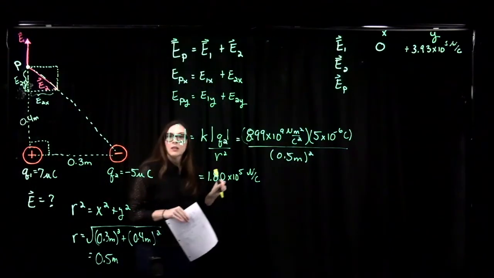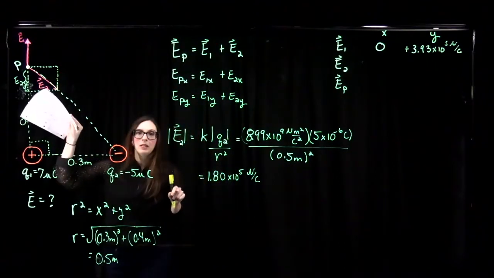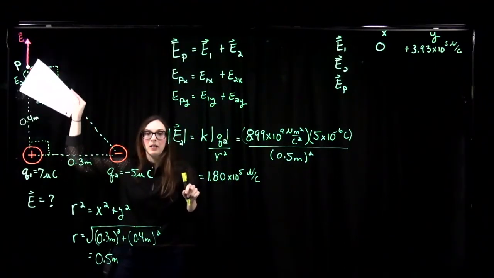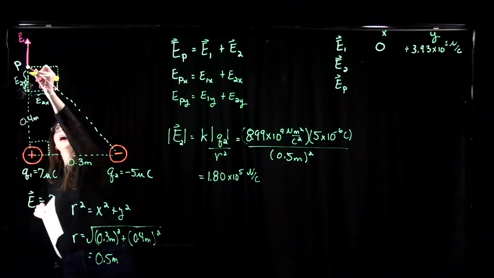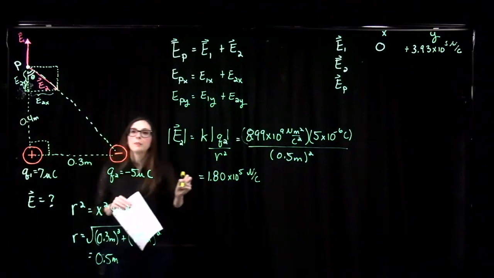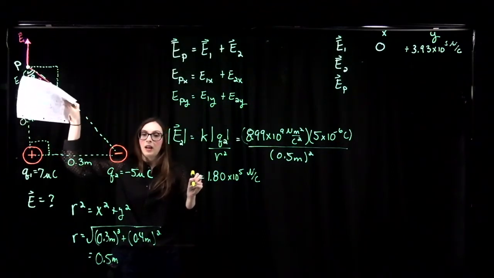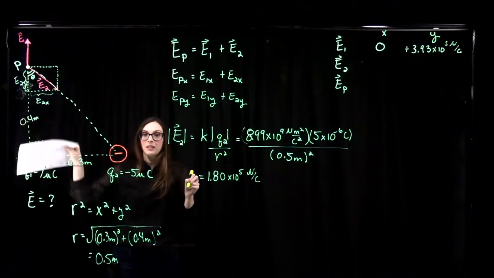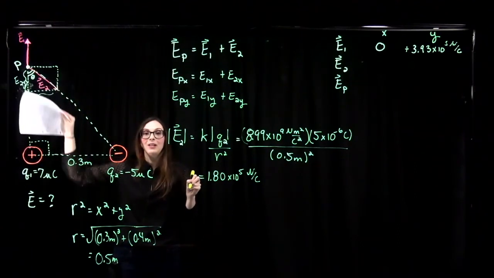In order to get my components E2x and E2y, I have to know something about this angle theta up here. That angle theta is this angle inside this right angle triangle.